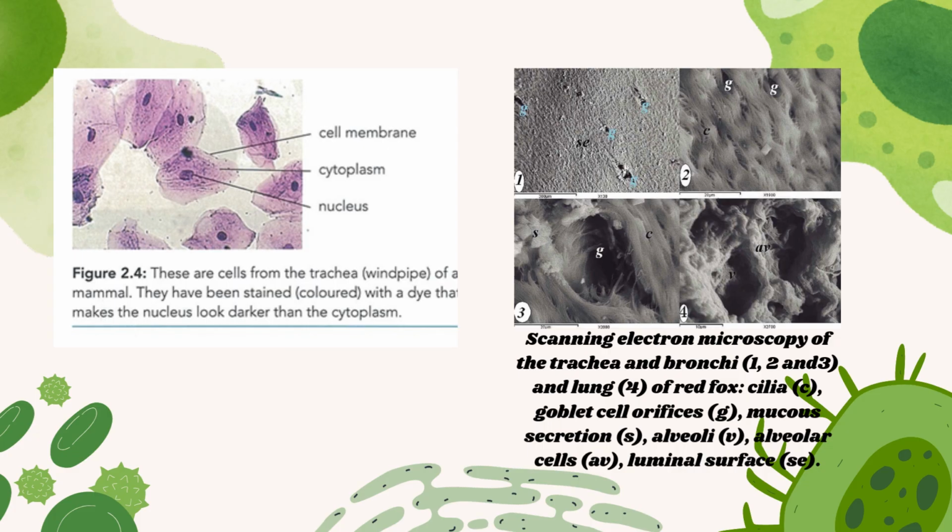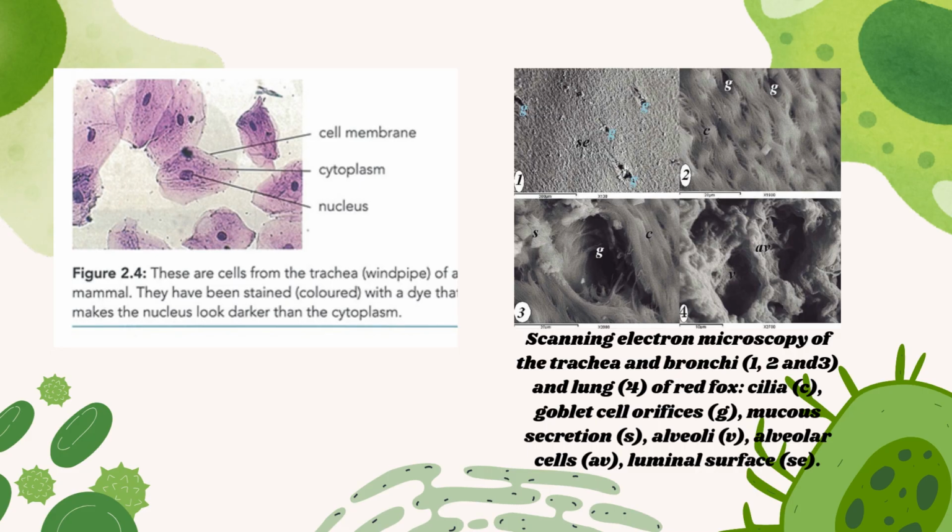Here you can see a real example. The first picture shows the specimen seen with the light microscope, and for the second they used an electron microscope to see the trachea and bronchi.